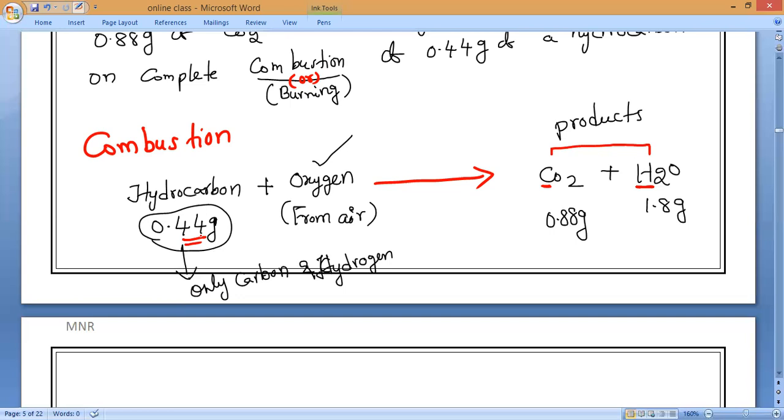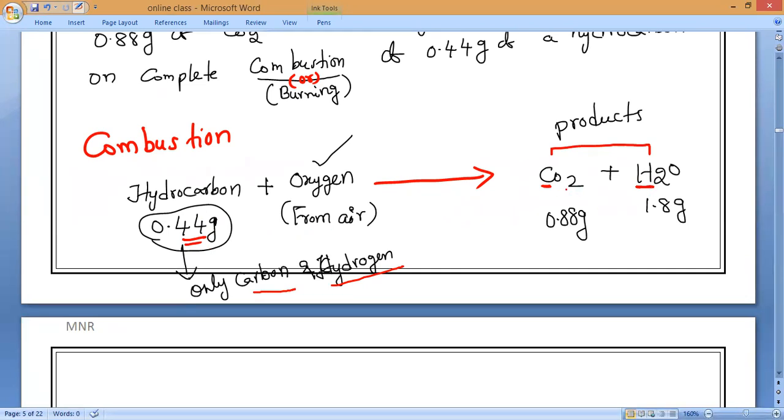If you want to prove this, you need the composition of a compound. Do you understand why I told you this question is very, very important? They are asking us to prove that the hydrocarbon mass, meaning only the carbon and hydrogen mass, must be equal to the carbon and hydrogen present in the products.